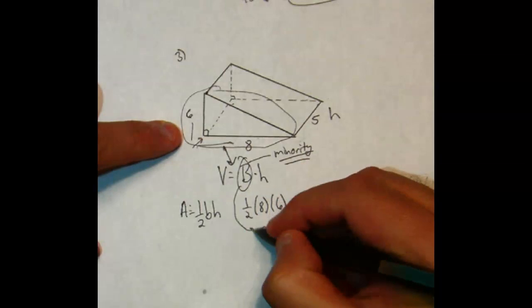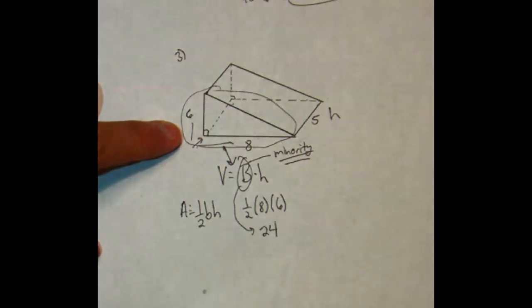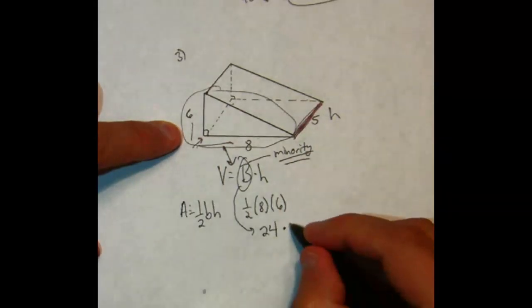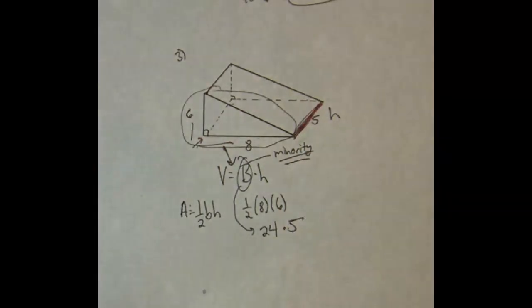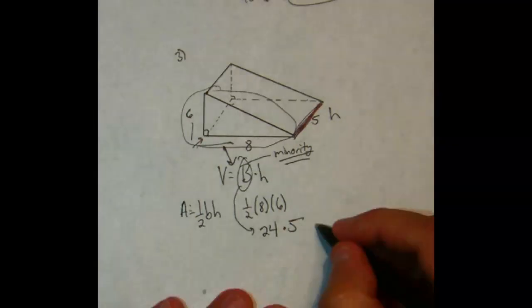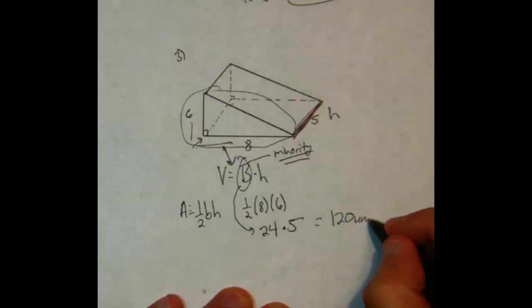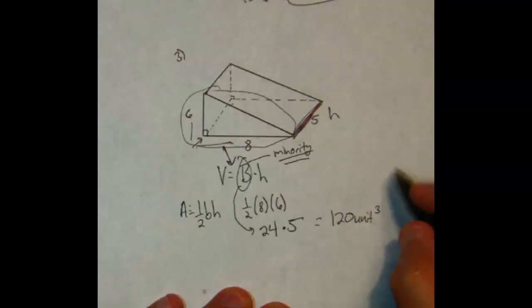That, class, is big B. That's your base, 24. And then I multiply it by its height, which is 5. So I take 24 times 5, and you get 120 units to the third power.